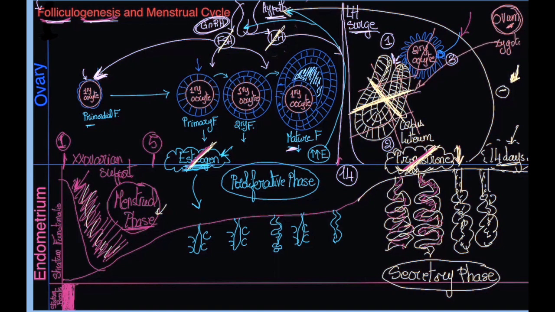This zygote will maintain the presence of the corpus luteum in the ovary for 3 months. And what's going to happen after those 3 months is, do you want to shed the endometrium and release the embryo now?